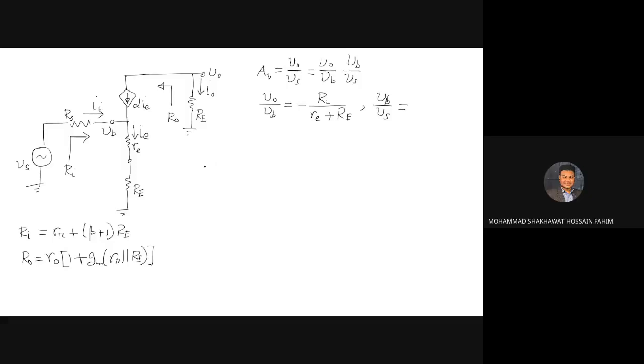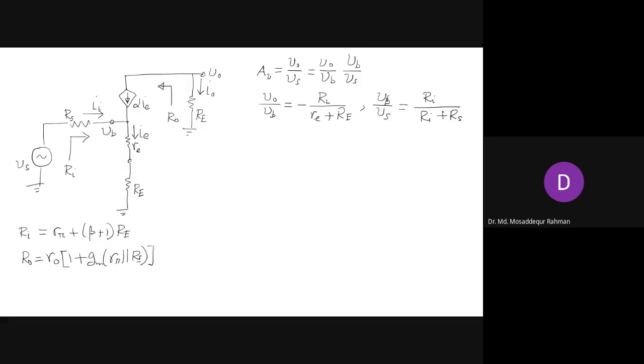Sir, Ri by Rs plus Ri. So exactly, we apply the voltage division rule. This whole part of this side of the circuit we can replace by Ri, the equivalent resistance, and apply the voltage division rule, and we can just write Ri over Rs plus Ri.